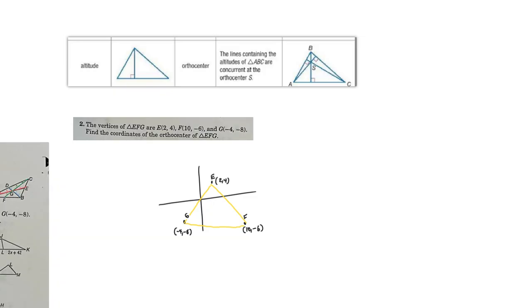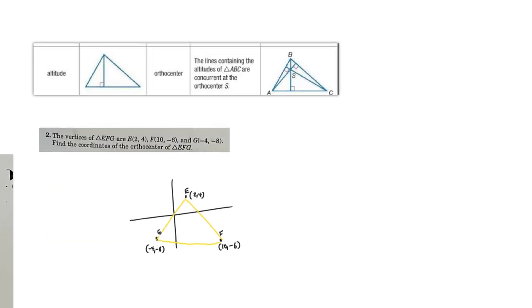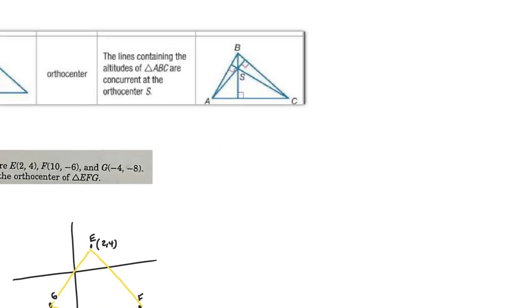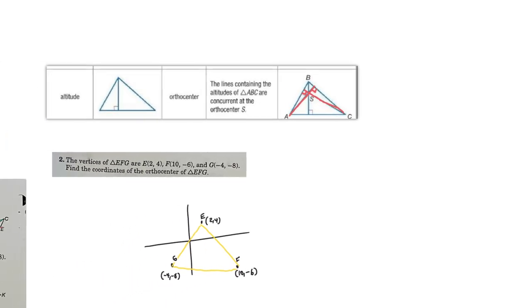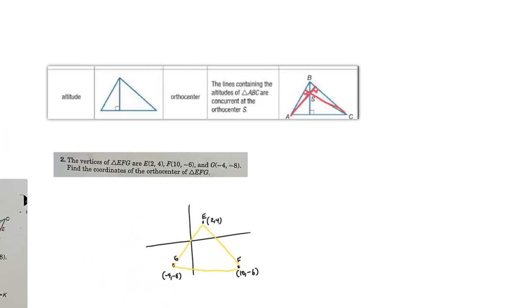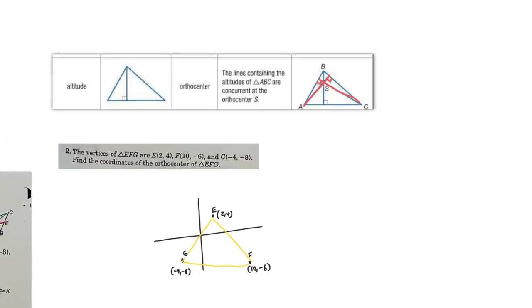The good news is that you don't need to analyze three altitudes. You only really need two, because if we draw two altitudes, we can find where they intersect by using a system of equations, and then we would have our answer.